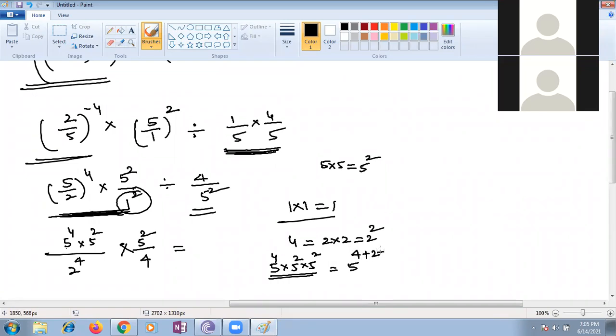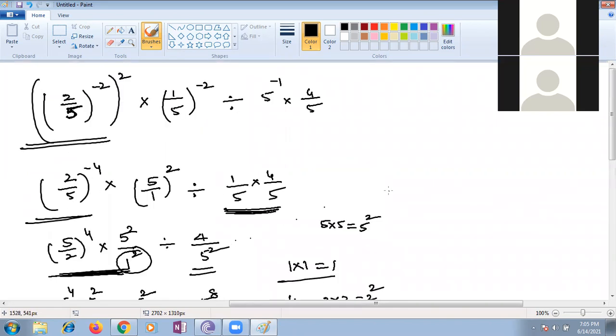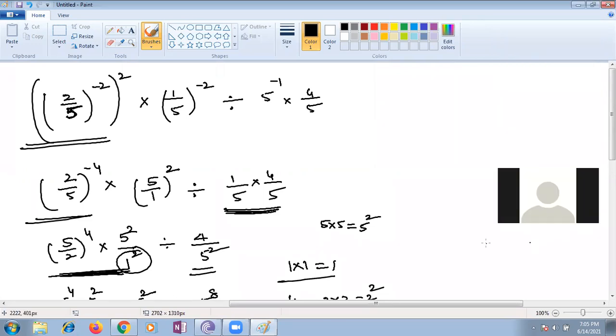Yes, ma'am. What is the value? 5 power 8. Very good. In the denominator, it's 2 power 4 and 2 square. So how am I supposed to write it? Wait a minute, not Aditya. The question goes to Divyesh. Divyesh, are you there?